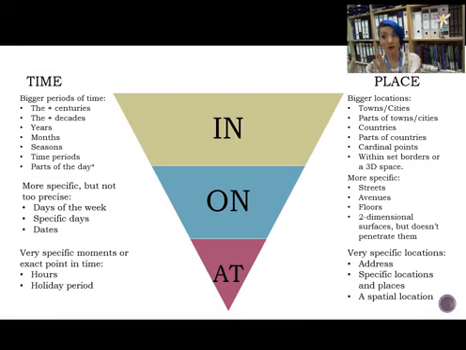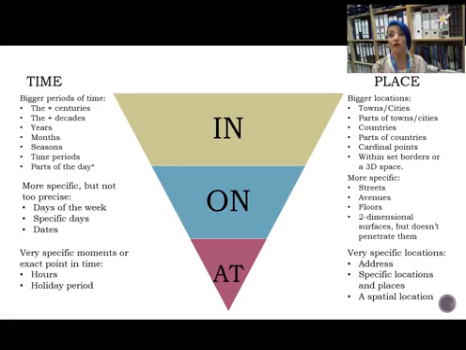And if we move towards place, it's the same. When we talk about bigger locations, such as towns, cities, parts of towns and cities, right? Say, I live in Barcelona, or I live in Valencia, right? Countries. I was born in England, right?